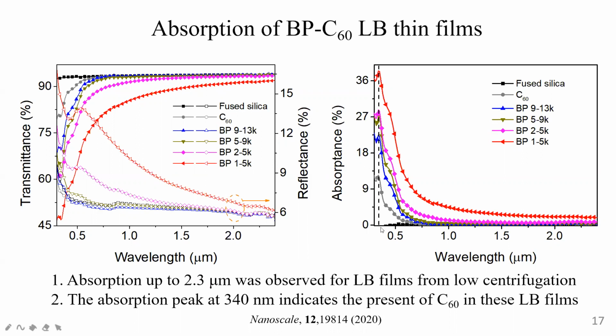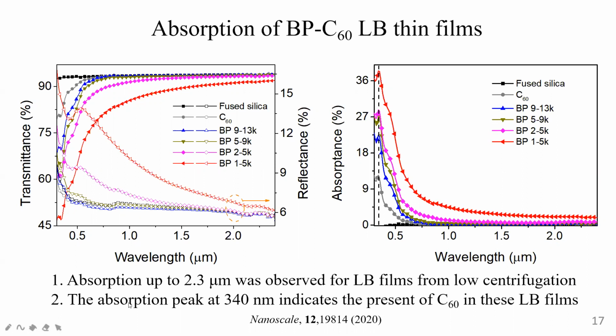As you can see, the absorptance gradually increases if the centrifuge speed is reduced, since there are more large flakes remaining in the thin films. And besides, for the lower centrifugation, absorption up to 2.3 micrometers was observed.